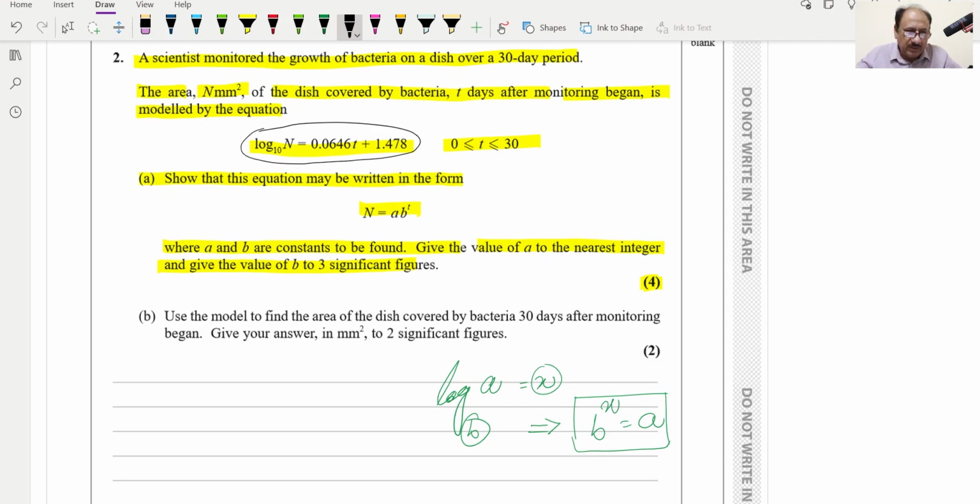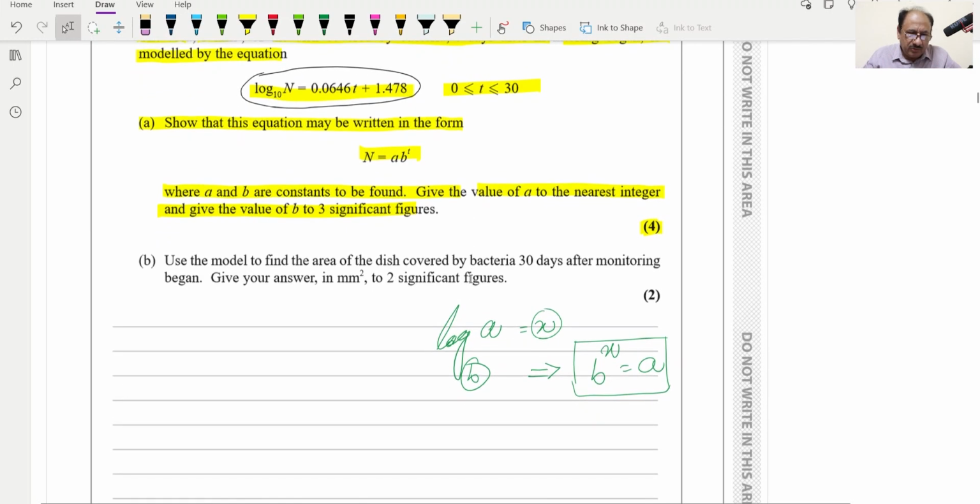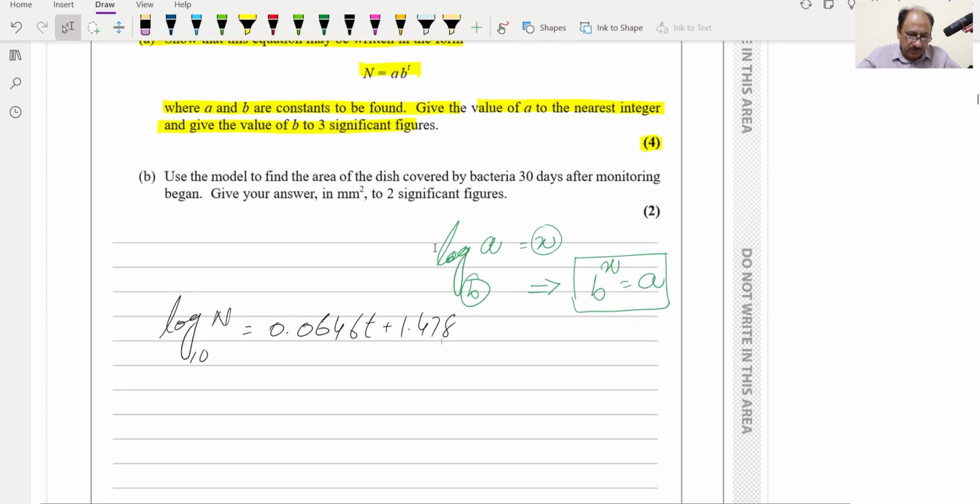So we can write it as 10 raised to the power, base is 10 over here. First I will copy the equation: log of n base 10 is equal to 0.0646 t plus 1.478. This is our equation. Now we can write base, which is 10 over here, raised to the power of this section, 0.0646 t plus 1.478, and this is equal to n.